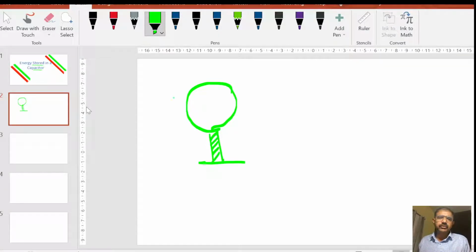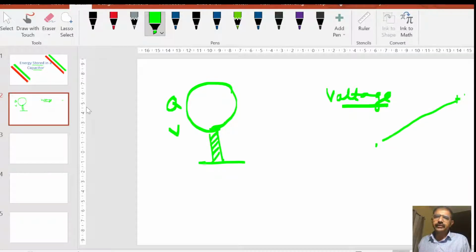Suppose the charge on this spherical capacitor is Q and its voltage is V. You are all familiar with what voltage V is. The voltage, or potential, of a surface or of a point is equivalent to the amount of work done if we bring a unit positive charge from infinity to that point.